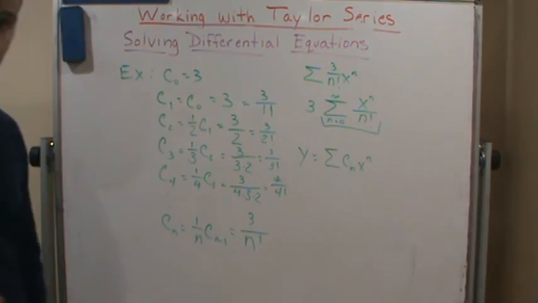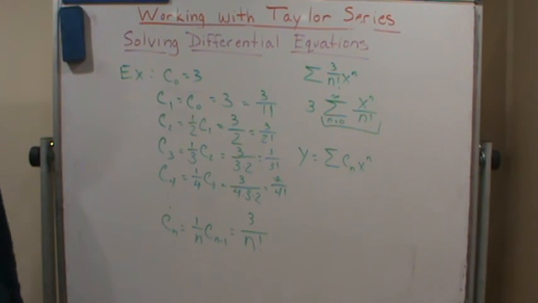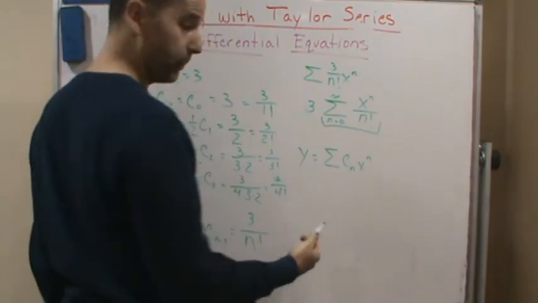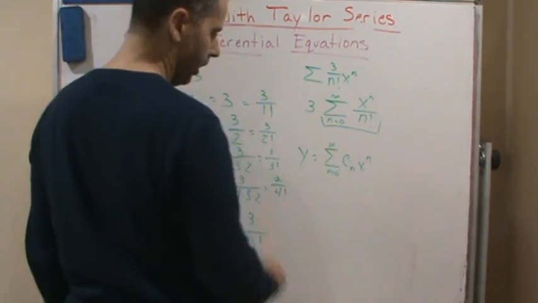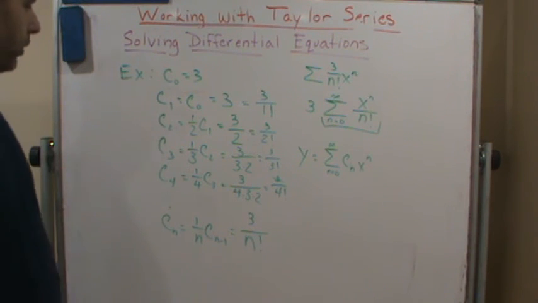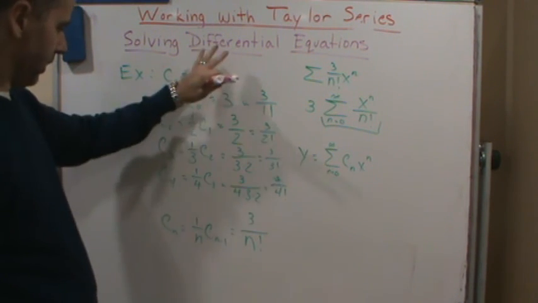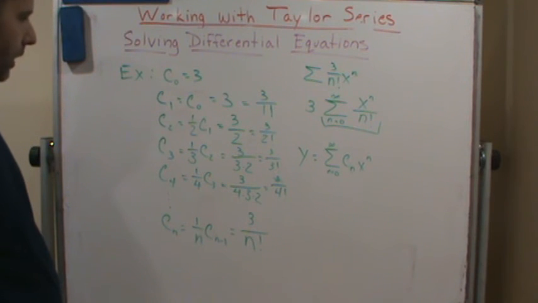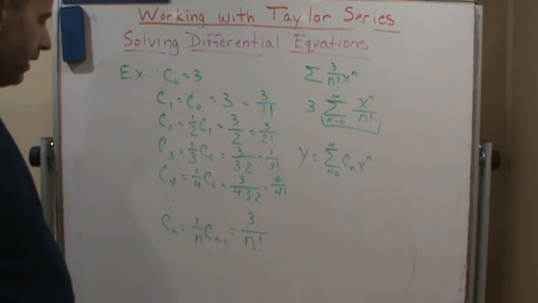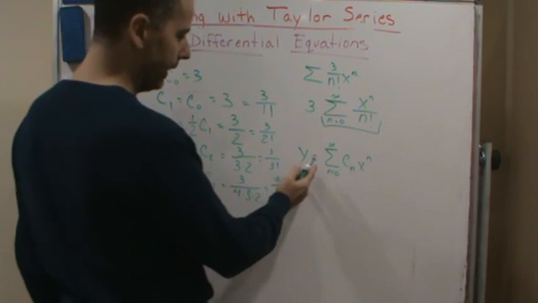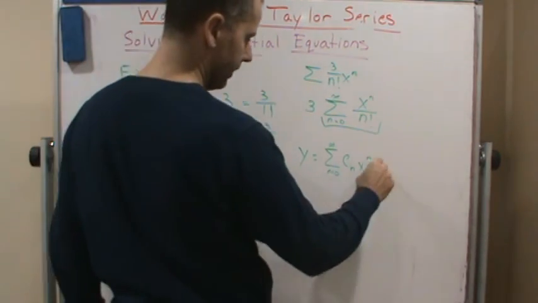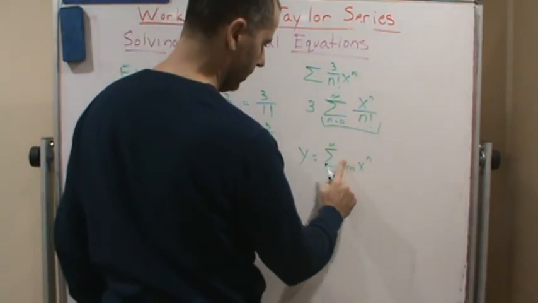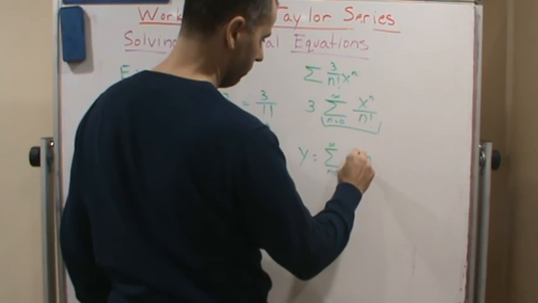That was our assumption. We said, let's suppose there exists a power series. Well, guess what? Then we use the uniqueness of a power series to get our coefficients, in addition to the initial value. The initial value helped us there. And so now we know that y equals this, but the coefficients we just found are this.